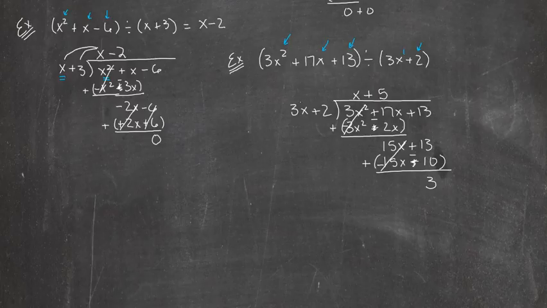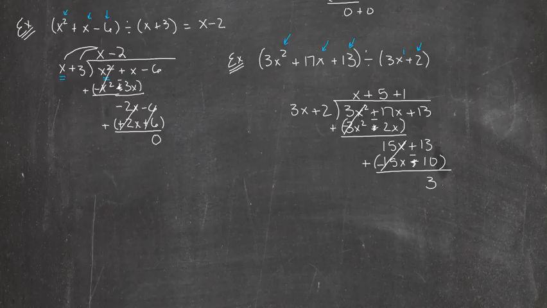Next question. What can I multiply 3x by to get 3? Well, a positive and a positive is a positive, and 3 times 1 equals 3. But x, I have 1x. What can I do to 1x to end up with 0 x's?